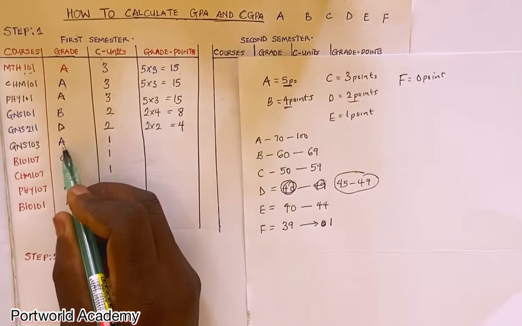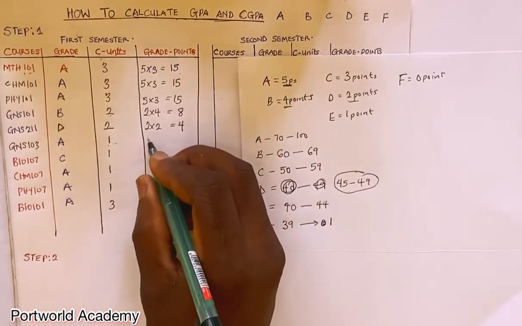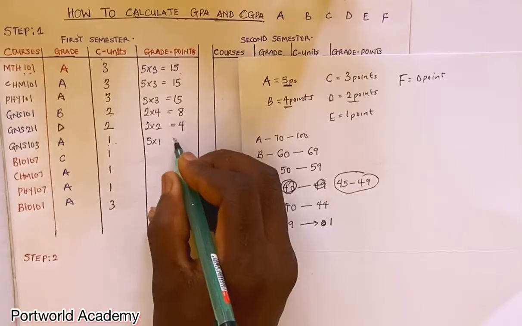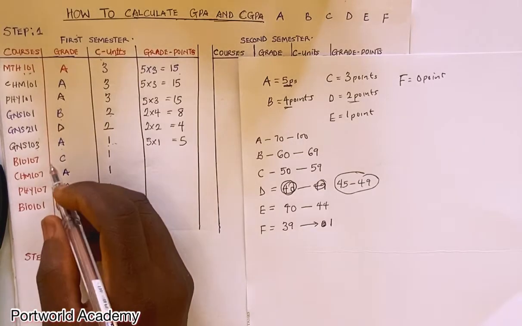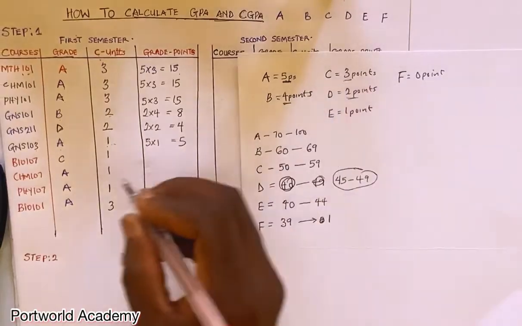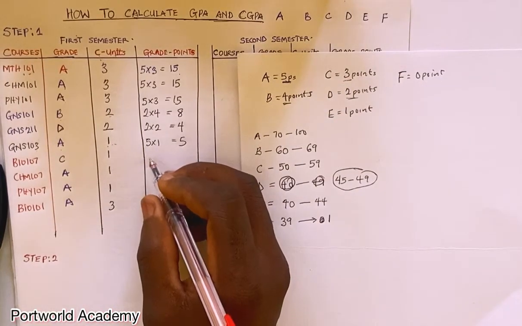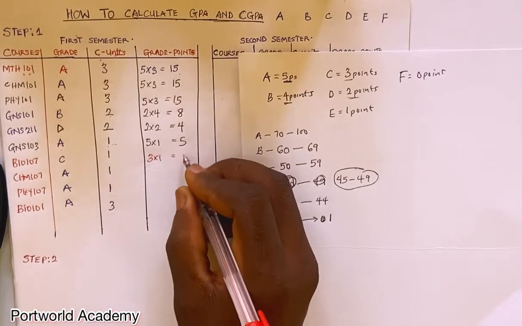Then just go ahead and multiply: A is 5 points, 5 multiplied by 1, that's 5 as well. Then let's say you move to biology 107, which is your practical. You have C. And how many points is C? C is 3 points. Then multiply by 1, because our practical is a 1 unit course. We are going to have 3 multiplied by 1, which is equal to 3.